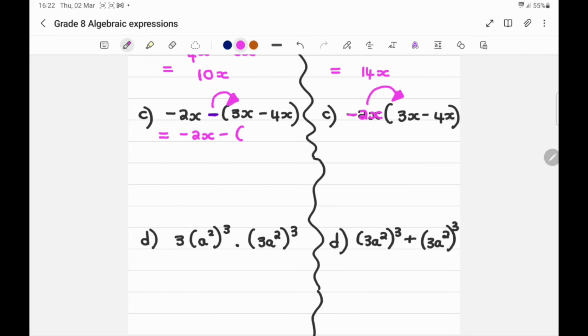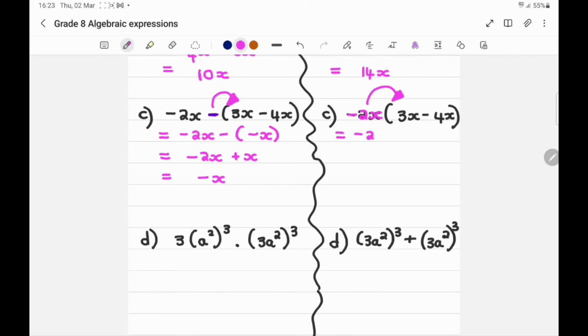Why not? Because I haven't multiplied with whatever's in front into that bracket. And 3x minus 4x is a negative x. And now we can bring that negative in. Negative times a negative is a positive x. And that leaves me with negative x. Negative 2x plus 1 still leaves me with a negative 1.